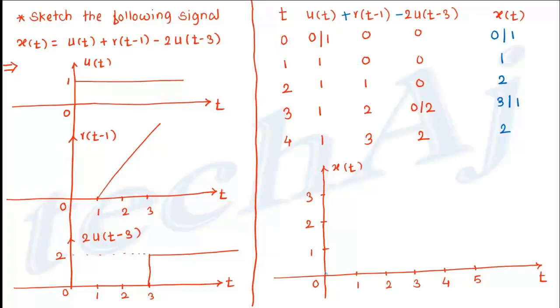So we'll take the amplitudes at 0 and 1. Then at 1 it is 1, at 2 the amplitude is 2, at 3 the amplitude changes from 3 to 1 and at 4 the amplitude is 2. So let's connect all these points, we'll get the final signal x of t.